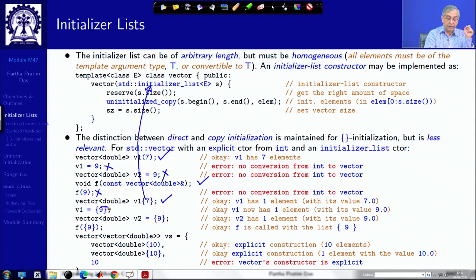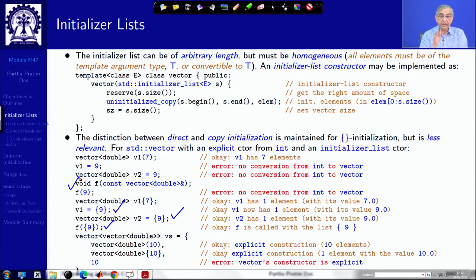I have given the underlying type as double, so this will implicitly convert that to 7.0. That is the use of the initializer list in construction. Similarly, this will give a vector with one element of value 9.0. Similarly, here this will call f with the list containing 9.